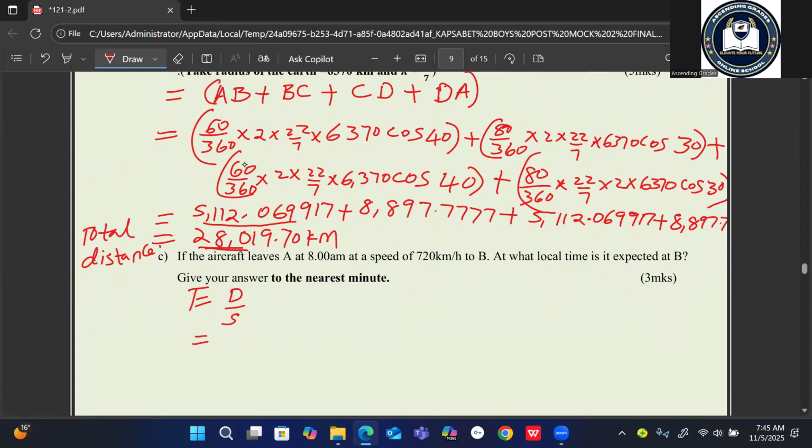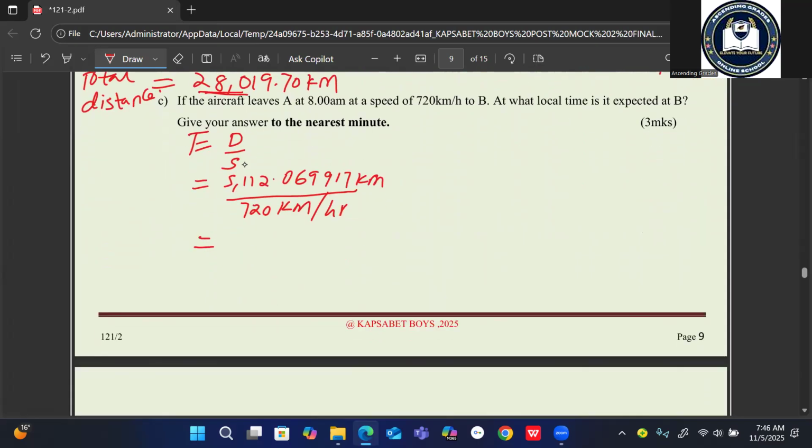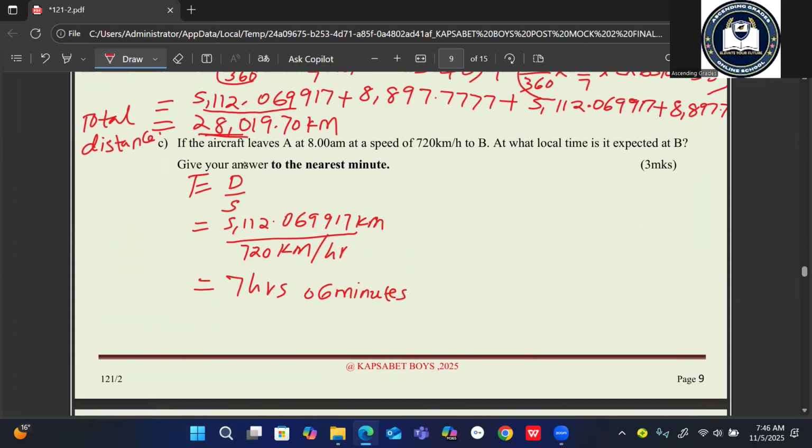So time from A to B will be 5,112.069917 divided by the speed, 720 kilometers per hour. Upon dividing, we get our answer as 7 hours, 6 minutes. So that is the time it took from A to B.